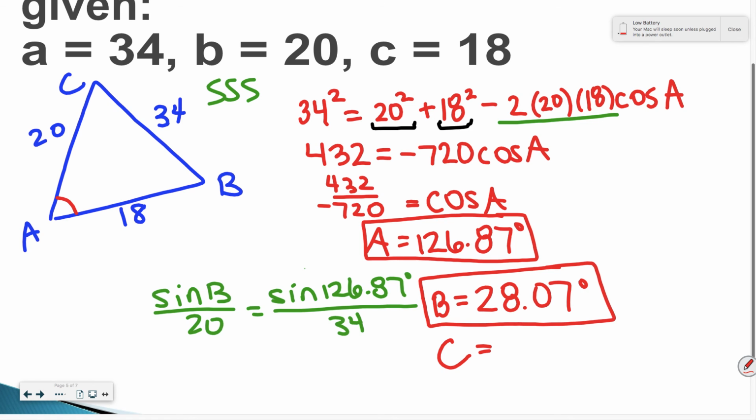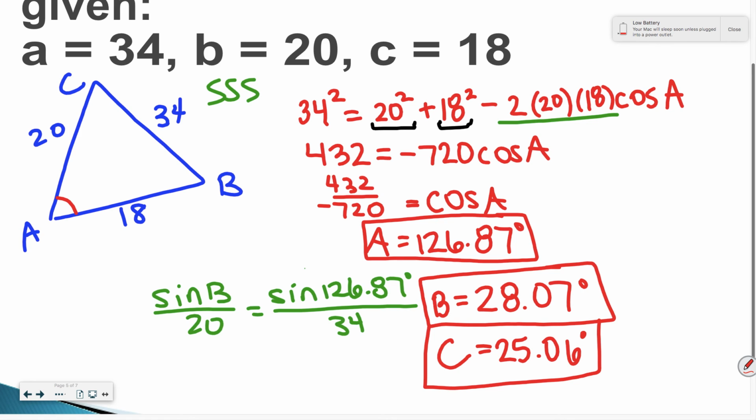What's left over? 25.06 degrees. Okay. Now, did anybody take it upon themselves to stick with the law of cosines to find angle B? Okay, I was just curious.